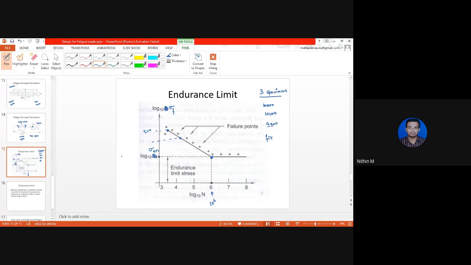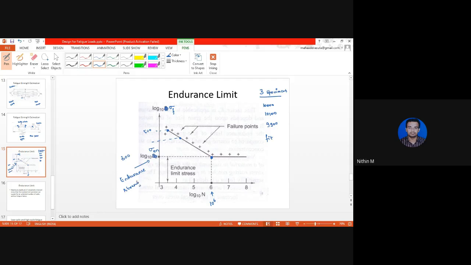Say if it is around 300 MPa, if the magnitude of induced stress is less than 300 MPa, the component will not fail at all. This particular value of strength is what we call the endurance strength of the material.